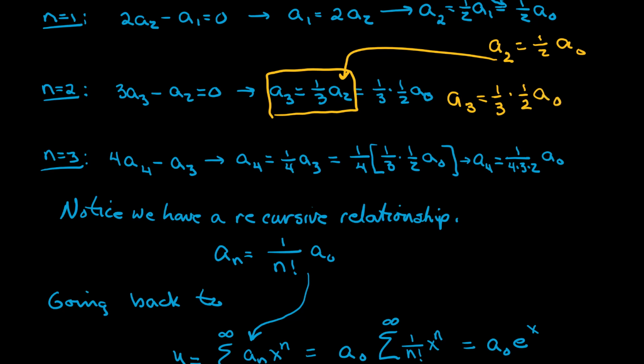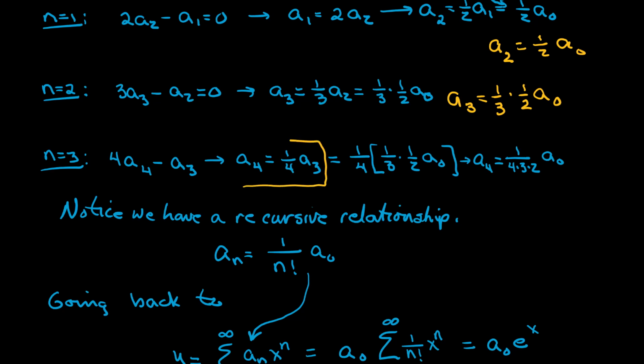And as we continue this pattern, we'll take a look at one more. If we let n progress to a value of 3, we're going to have 4 a sub 4 minus a sub 3. Once again, this is going to be set equal to 0. I can solve for a sub 4 by adding a sub 3 to both sides and dividing by 4, which is where this equality came from.